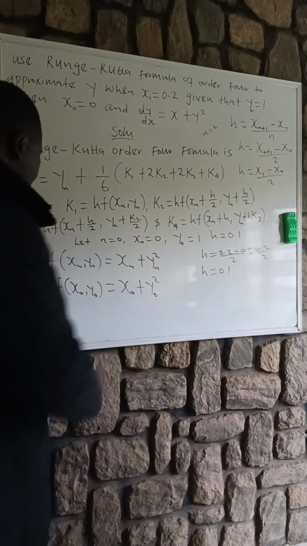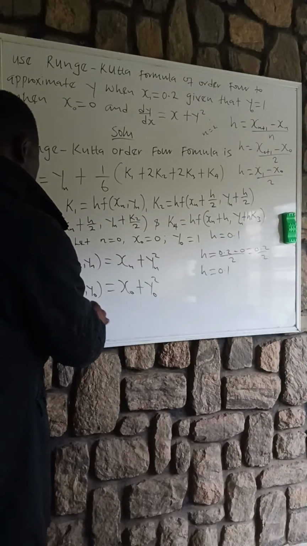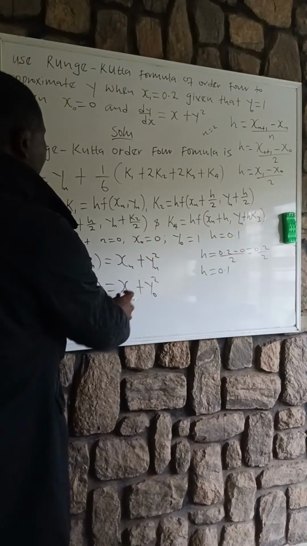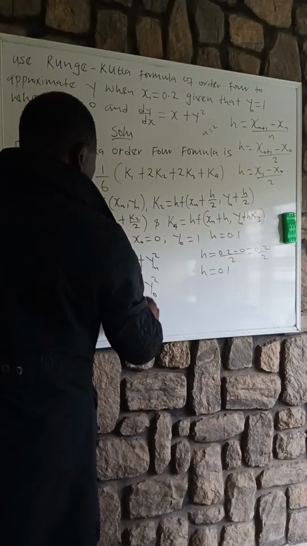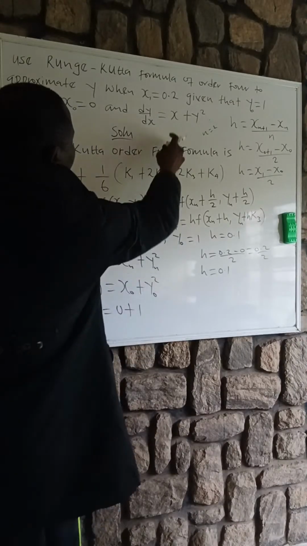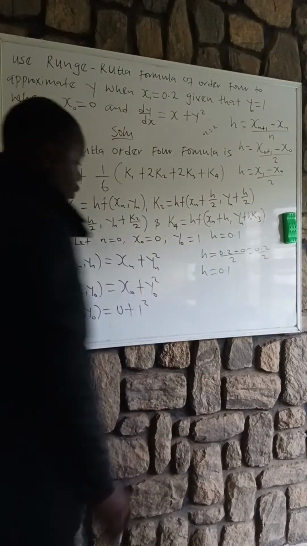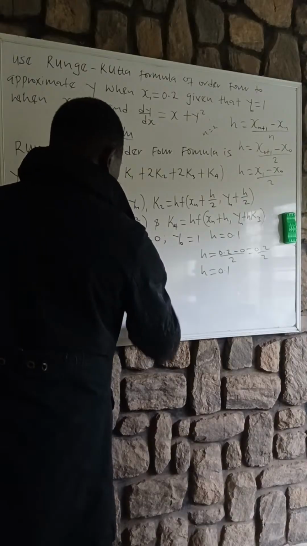So with that, you don't need a prophet to calculate this. This implies that our f of x naught comma y naught is equal to x naught, which is what? 0. So 0 plus what? y naught squared. So y naught is what? 1, which is squared. True or false? Do you agree with me? So this will now be equal to 1.